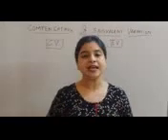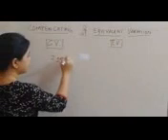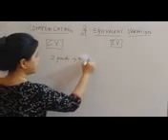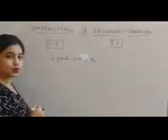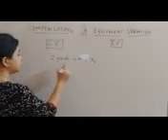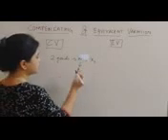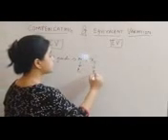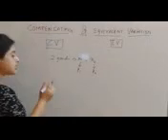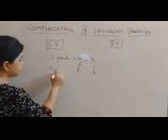For simplicity, let's take two goods, X1 and X2. X1 has the price P1 and X2 has the price P2. So this is the initial situation I am talking about.